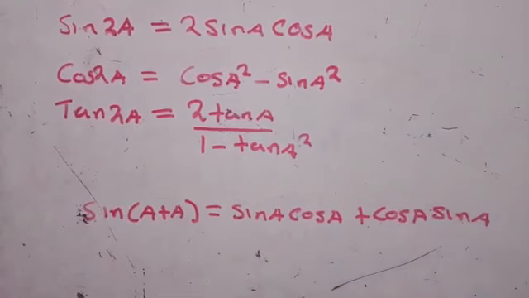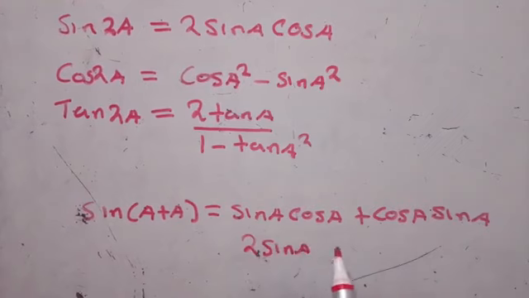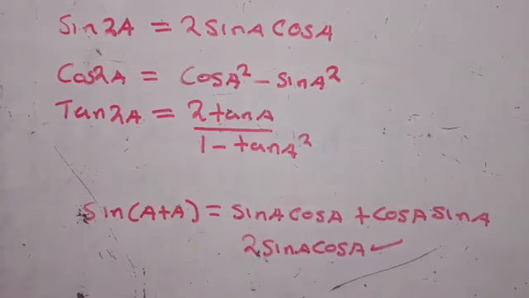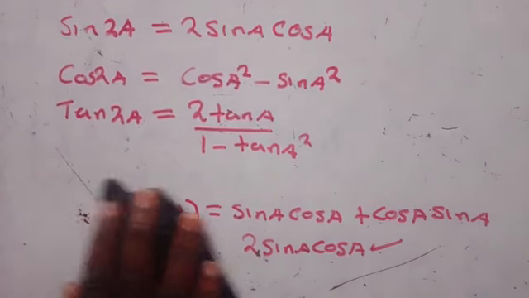These are like terms, so you can add, and you're going to have 2 sine a cos a. This is the same as the one we wrote on top, because a plus a gives us 2a. So this is how they came up with the identity of sine 2a.